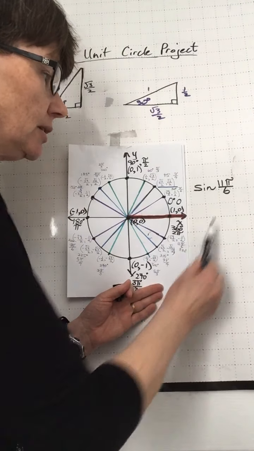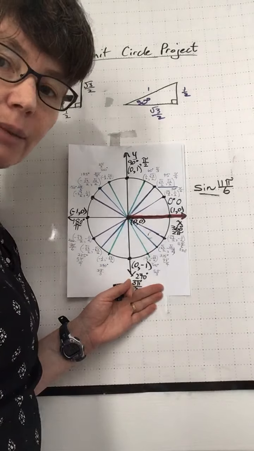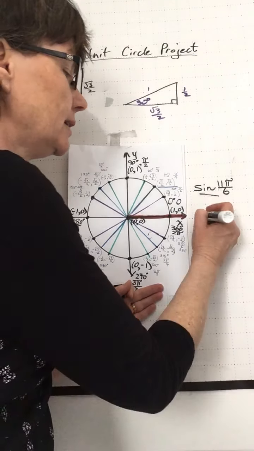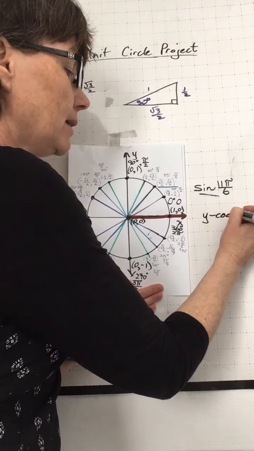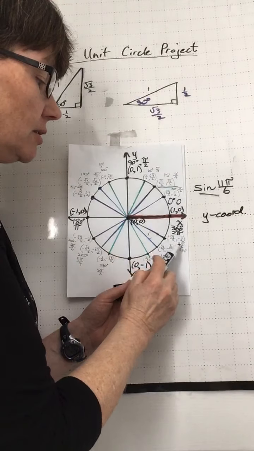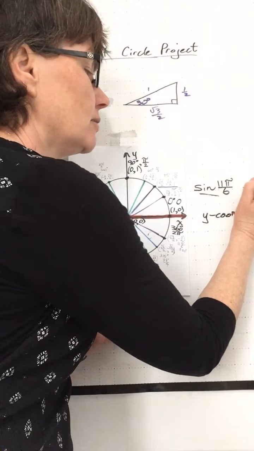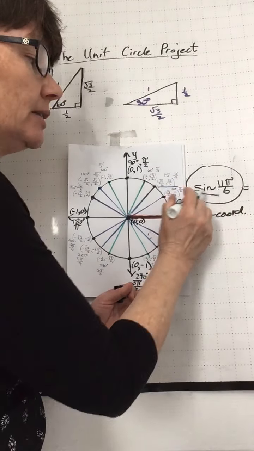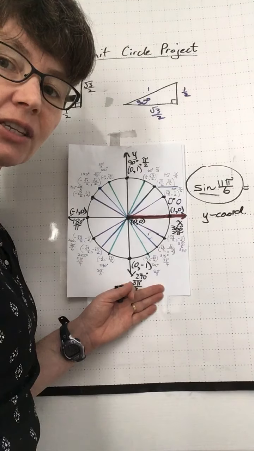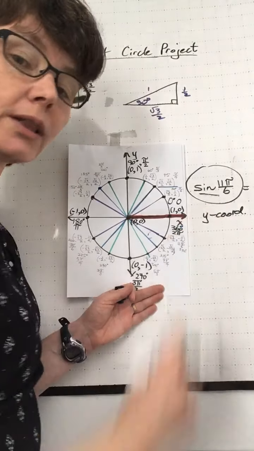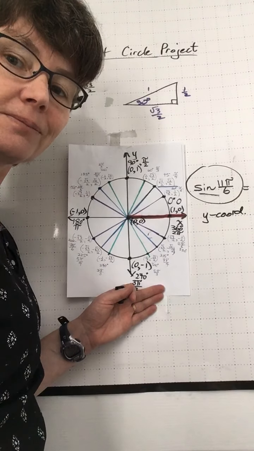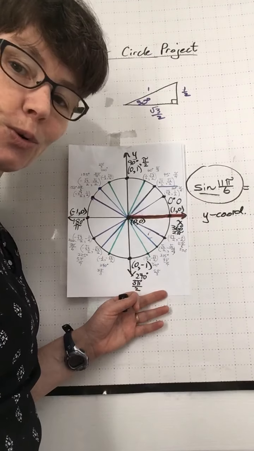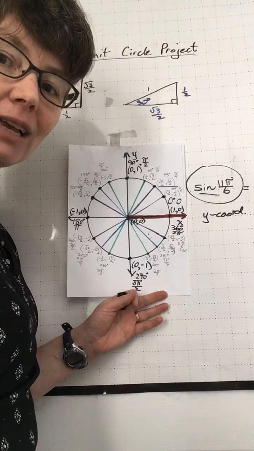Here's the position. We're talking about sine, so that means the y coordinate of that spot on the unit circle. Y coordinate is -1/2. So if you poke in your calculator in radian mode, the sine of 11π/6 and press equals, your answer will be -0.5. There we have it, your own personal calculator that you'll have in your head.